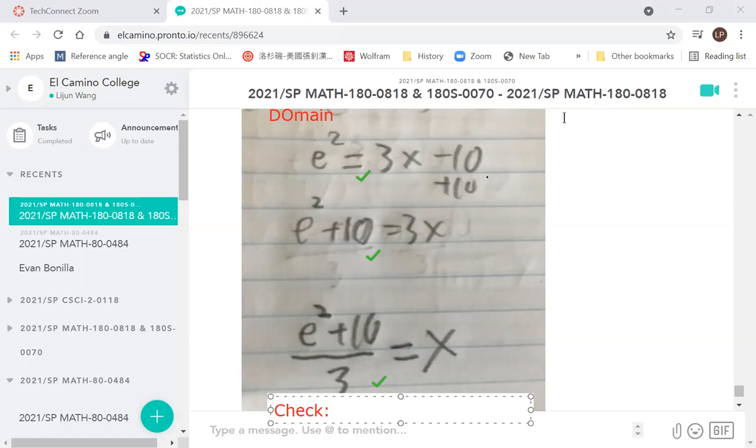Each part has answers and has points. Good job. Okay, but incomplete.